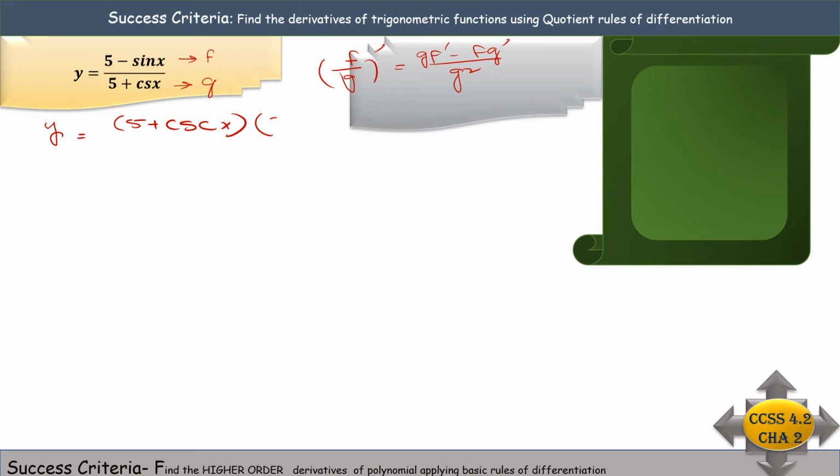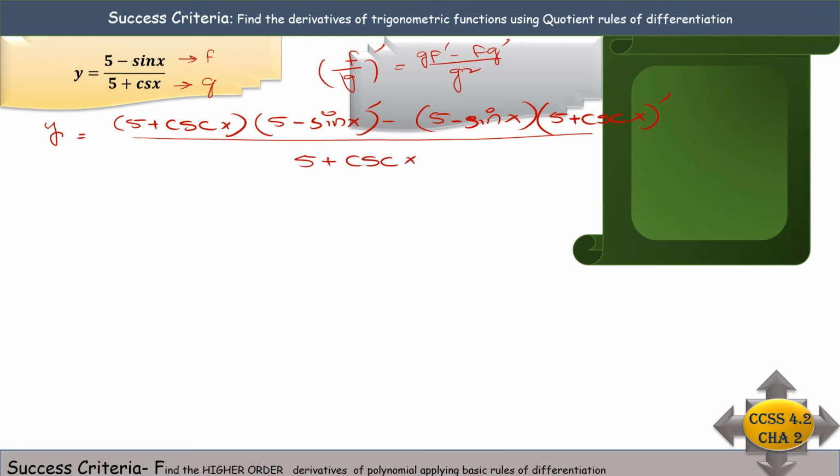F prime means (5 minus sin x) with the prime, minus f, that means 5 minus sin x, and then g prime is (5 plus cosec x) with prime, divided by g square, which means (5 plus cosec x) whole square. Now 5 plus cosec x we will write as it is.